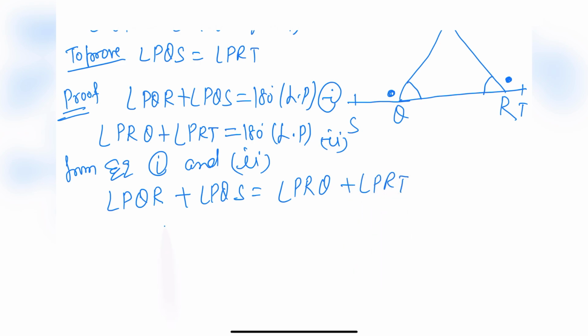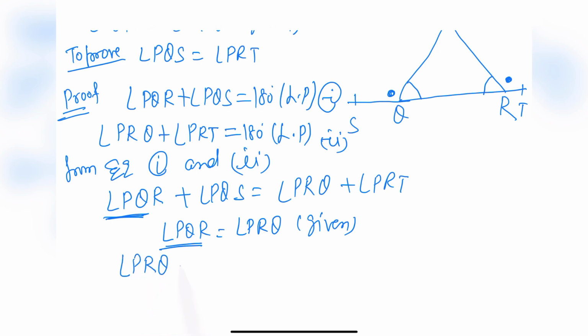Now as we have given angle PQR is equal to angle PRQ, we can use this value in our equation, in place of PQR we can substitute the value PRQ. So, PRQ plus angle PQS is equal to angle PRQ plus angle PRT.